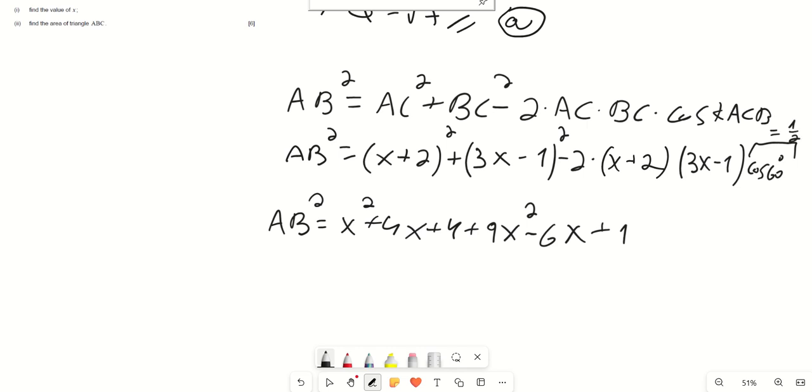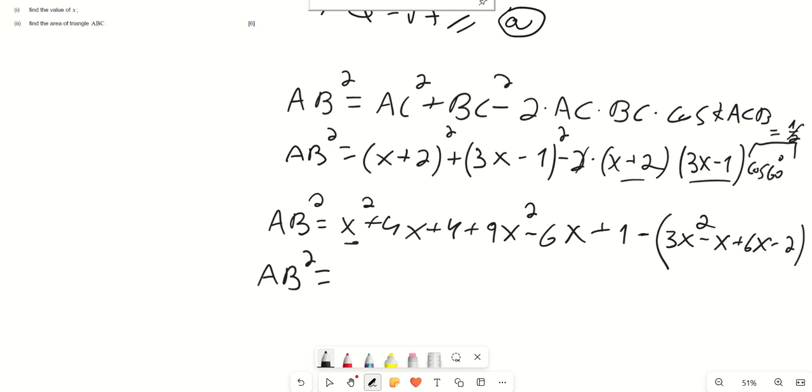So I cancel out 2 here with this 1/2. And I'm left with minus. And I just do the multiplication of these two terms here, which is 3x squared minus x plus 6x minus 2.